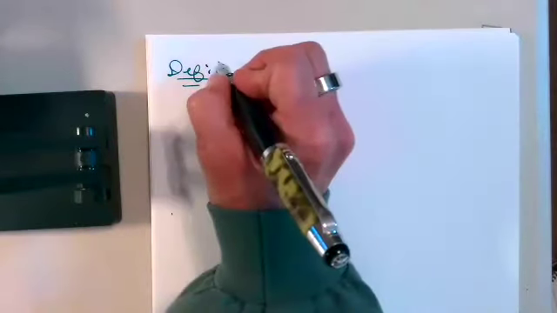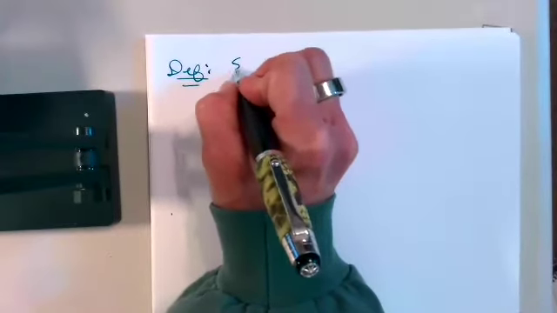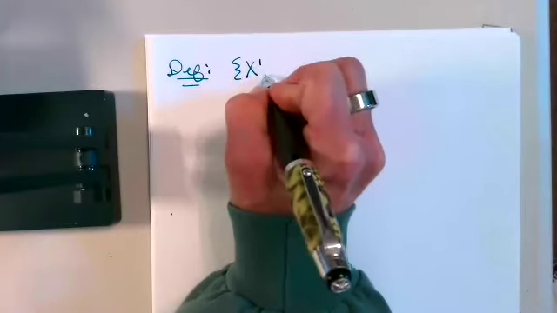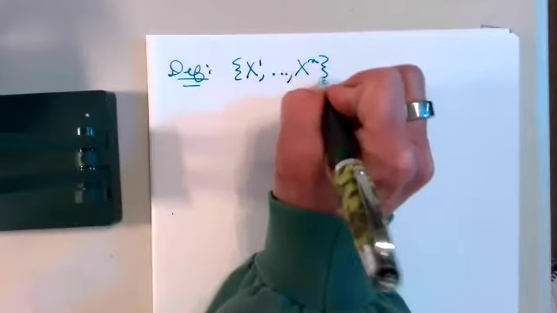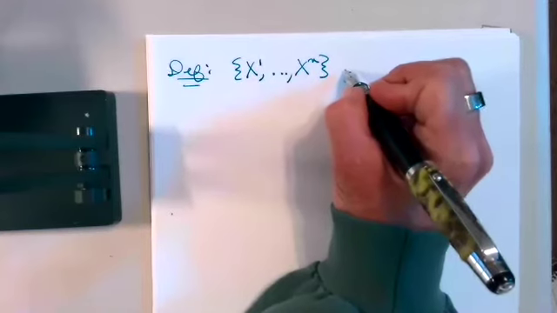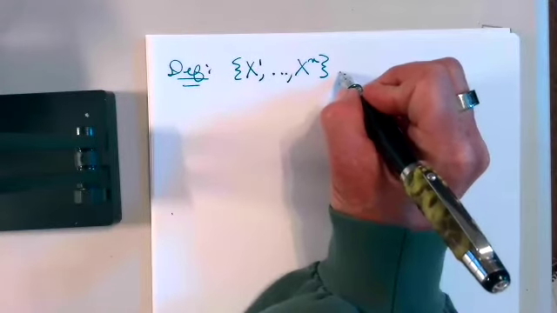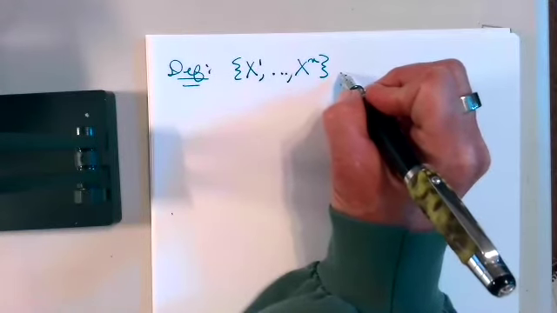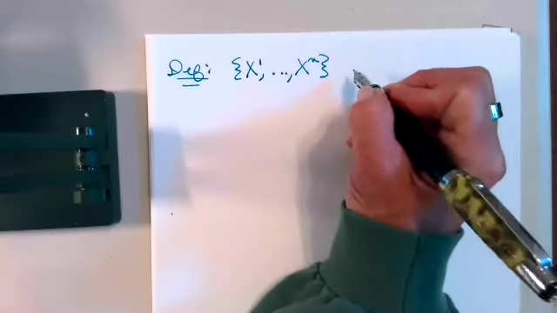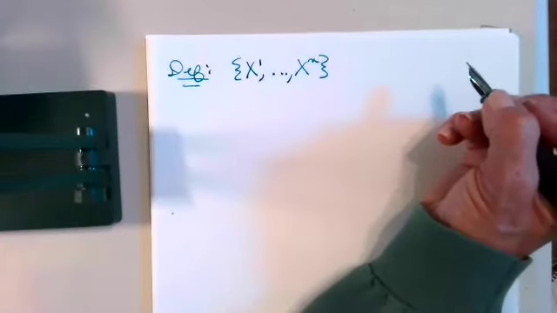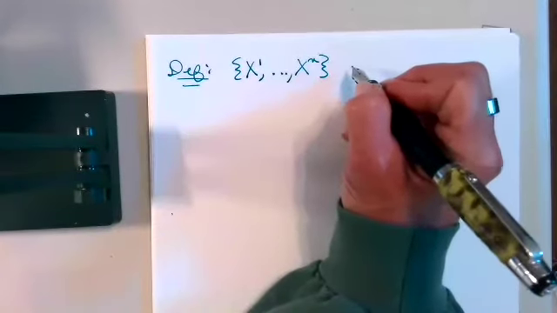Okay, so suppose we have a set of vectors, let's say x super 1 up to x super n. Let's say these are row vectors in R^m.